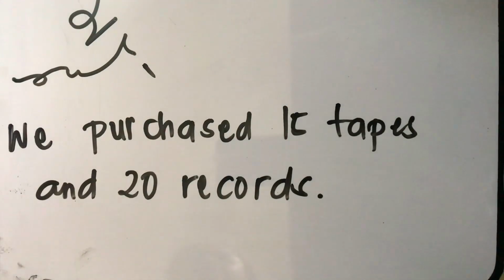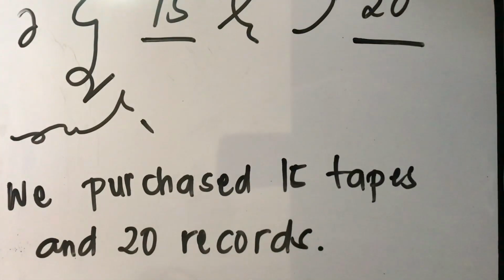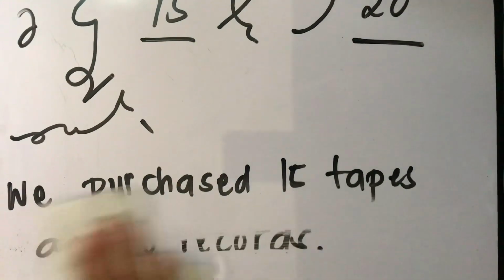So we purchased 15 tapes and 20 records. That is how we use related numbers in a sentence. Always remember that if there is a number from 1 to 10, you have to spell it out in words. If one or more numbers in a sentence are above 10, you have to write them in figure form.